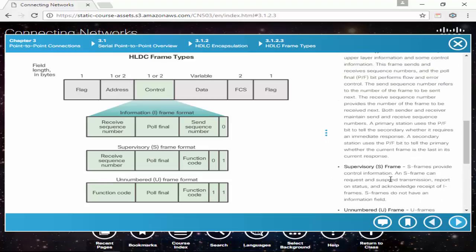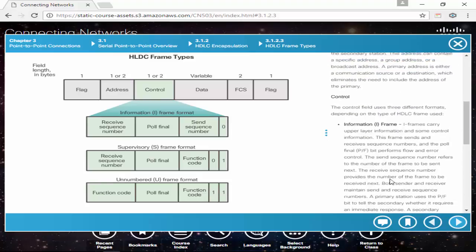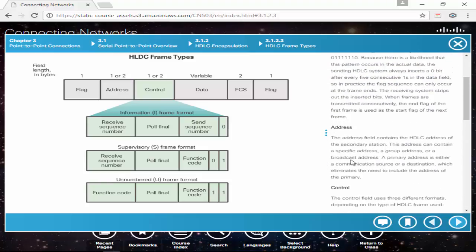Doesn't even have the address on here. I don't see it, at least. Anyways, oh, here it is. The address contains the HDLC address of the secondary station. This address can contain a specific address, group address, or broadcast address. Primary address is either a communication source or a destination, which eliminates the need to include the address of the primary.